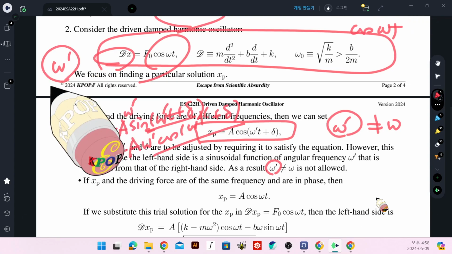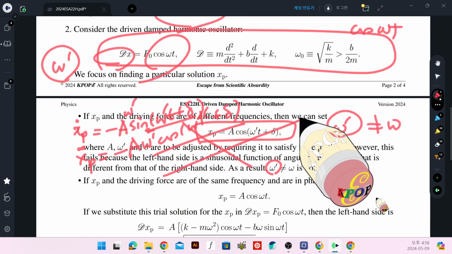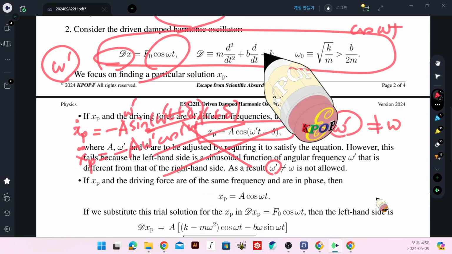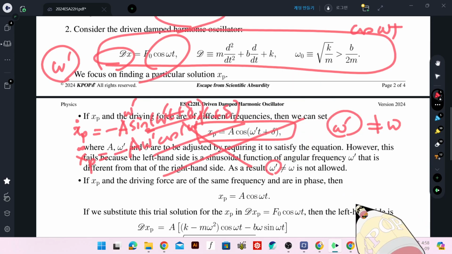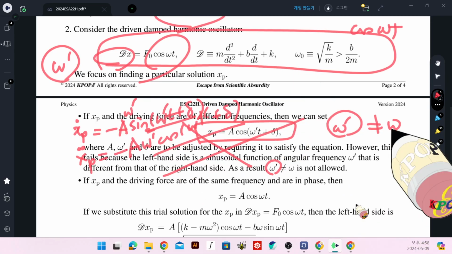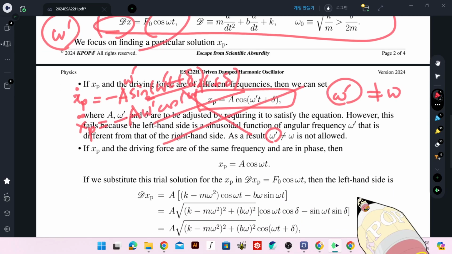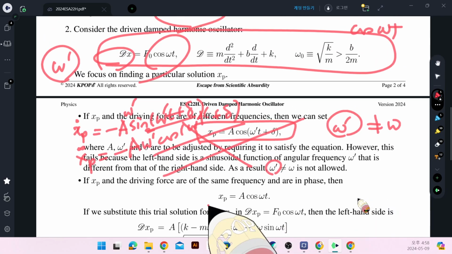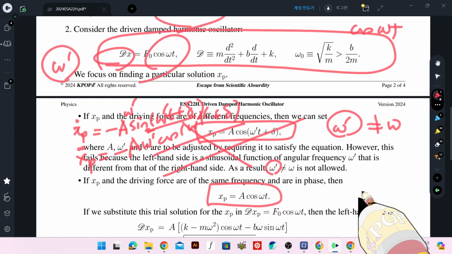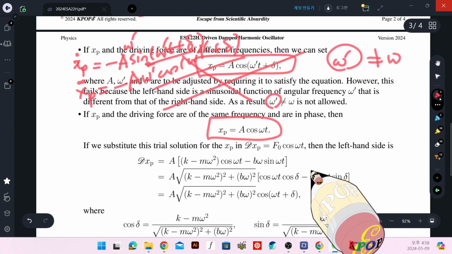So it is impossible for such a trial solution to satisfy this equation. The only possible way is for omega prime to be the same as omega.